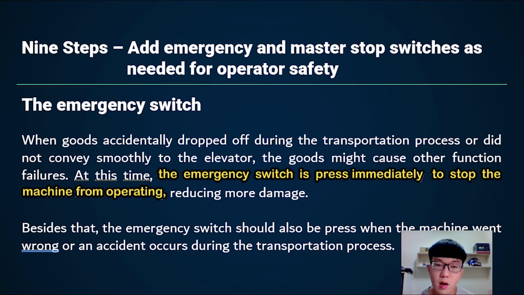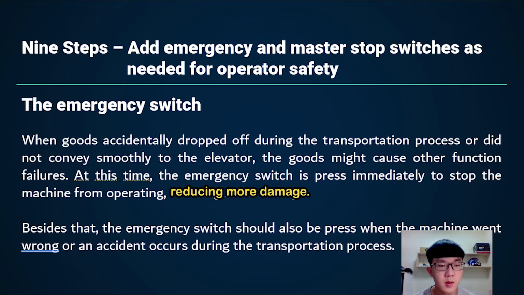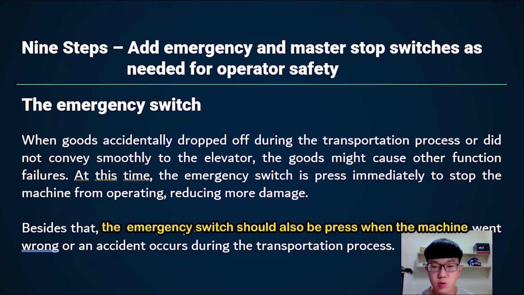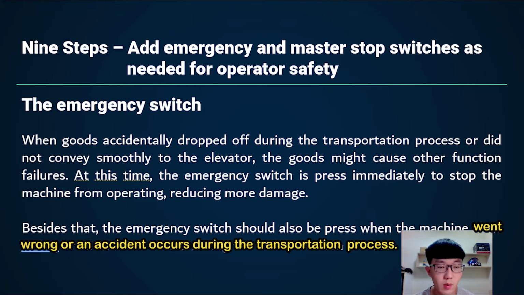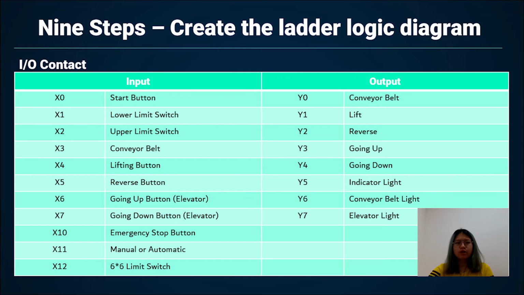At this time, the emergency switch is pressed immediately to stop the machine from operation, reducing more damage. Besides that, the emergency switch should also be pressed when the machine goes wrong or an accident occurs during the transportation process. Step 9: create the ladder logic diagram.